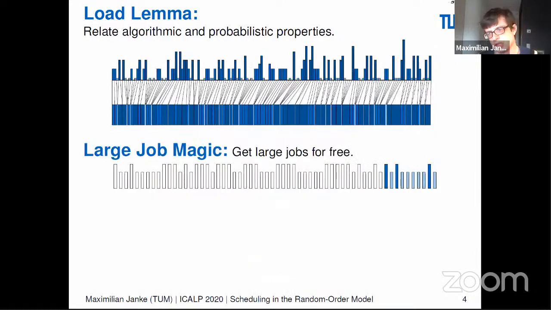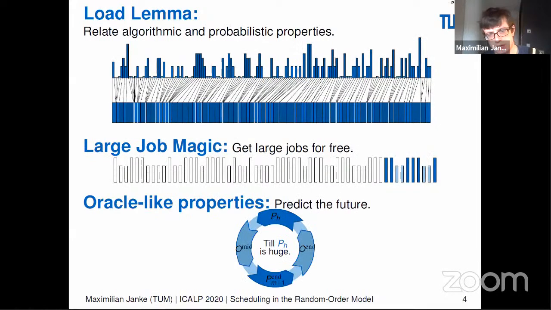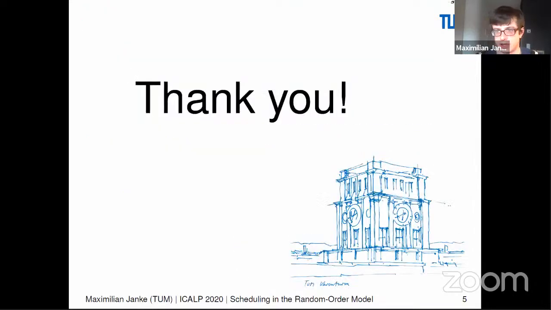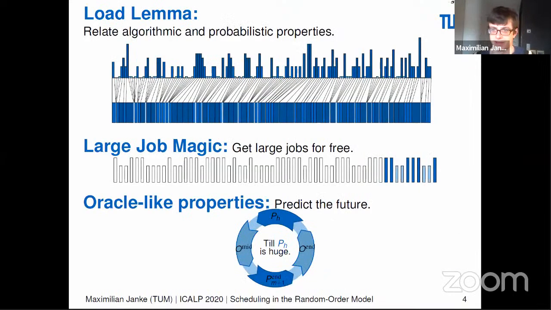Then there's large job magic, which basically tells you that there's no concentration of particularly troublesome jobs, in particular not towards the end, which helps a lot. And finally, we can, in a very subtle way, involve certain techniques from semi-online scheduling into the random order model, which is also very satisfying. So now I thank you for your attention, and I'm hopeful that we can have a great discussion about this. Thank you.